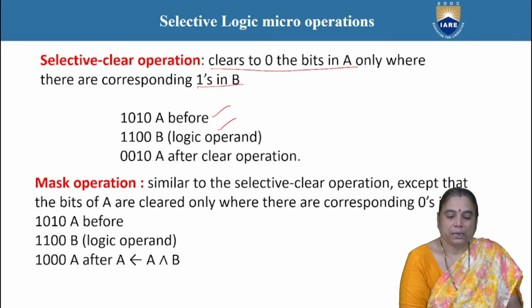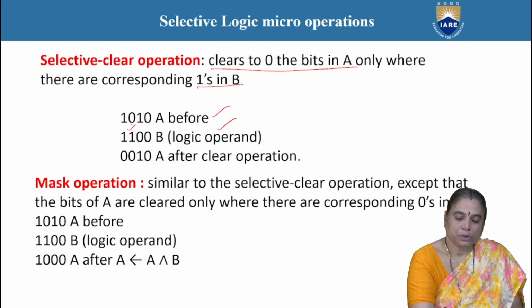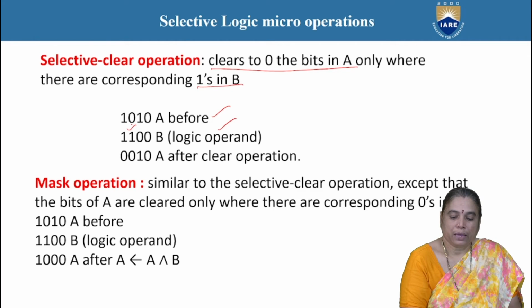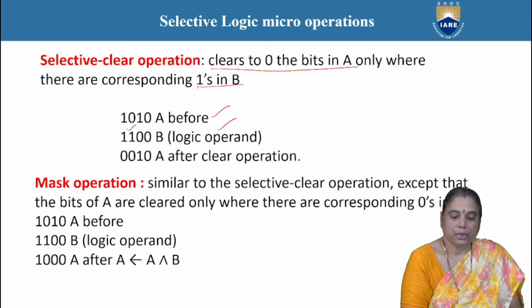After application of the selective clear operation, first we have to find where there is an occurrence of 1 in the B register. So at this position, the 1 appears. The corresponding bit in the A can be cleared to 0. It is already 0, so 0 has to be used here.